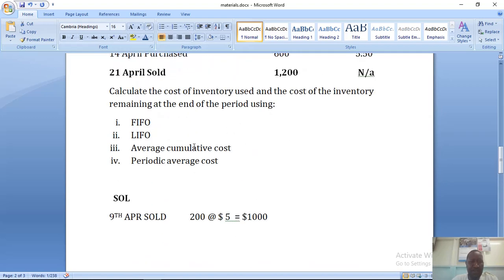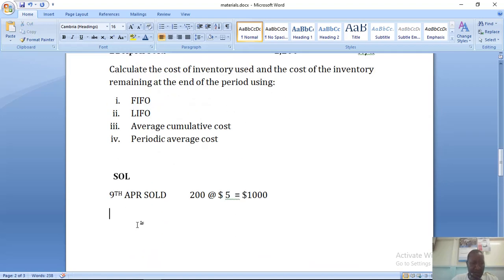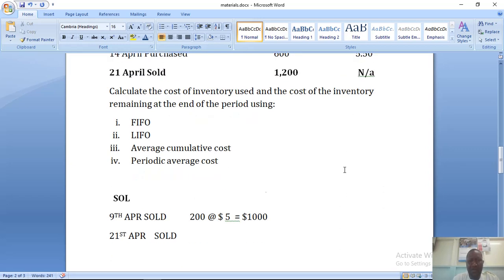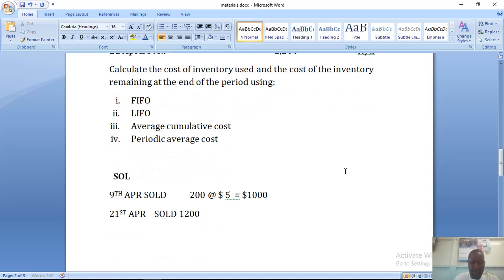So what we'll do is we'll say 21st of April. The sold units is 1,200. But of this 1,200, 800 should come from the remaining units of opening inventory.